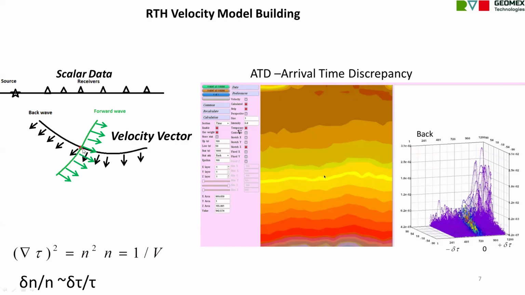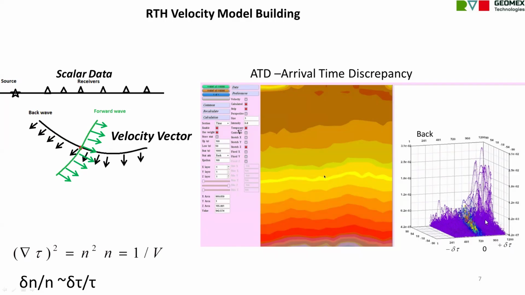two data sets. If our initial velocity exactly coincides with the real velocity in this point, in this case we obtain the arrival of the wave at zero time.